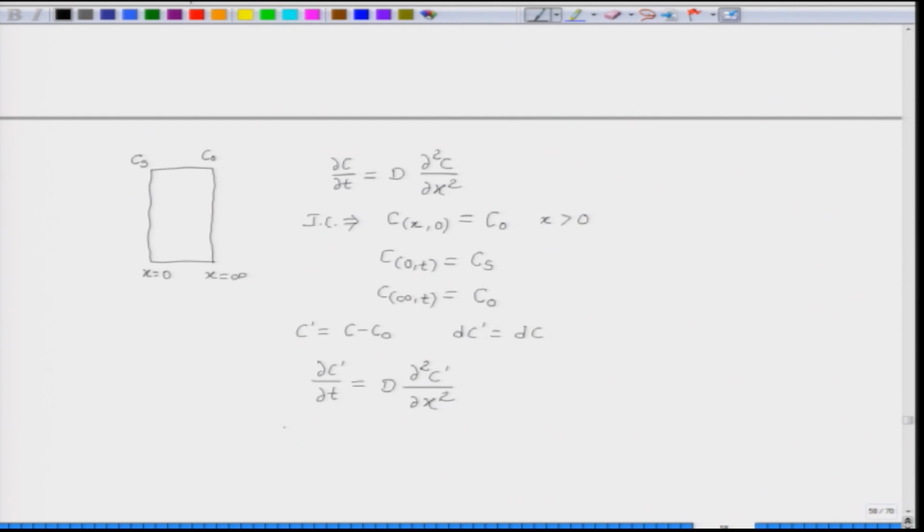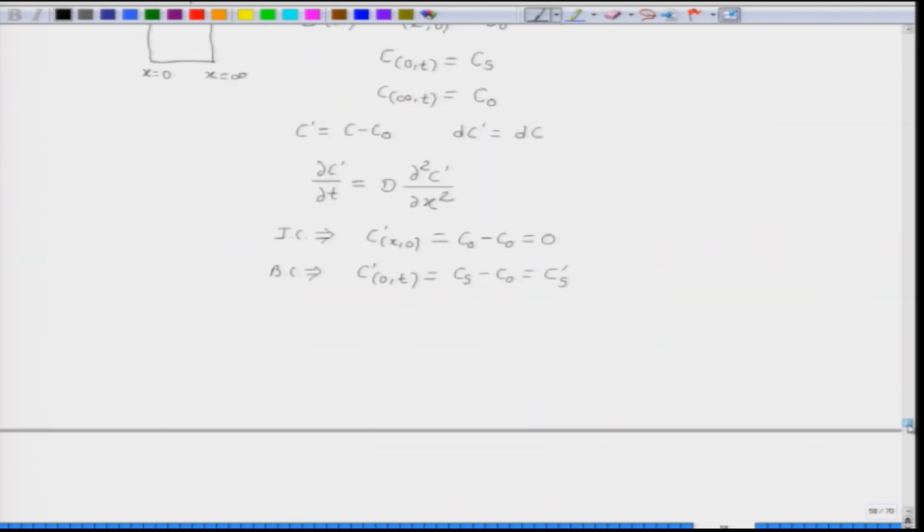The initial condition becomes C prime at t equal to 0 is C naught minus C naught, which is 0. The boundary conditions become C prime at x equal to 0 at any time t is C s minus C naught, which we denote as C s prime, and C prime at infinity at any time t is again C naught minus C naught, equal to 0.